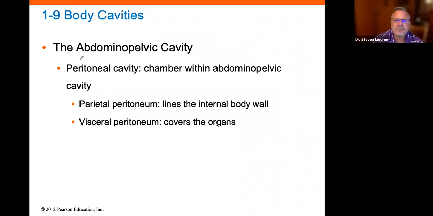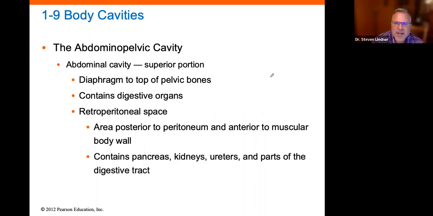Okay. So the parietal peritoneum and the visceral peritoneum, again, parietal and visceral have the same meaning, except now we're talking about the structures within the abdominal pelvic cavity, which is the GI tract. Okay.